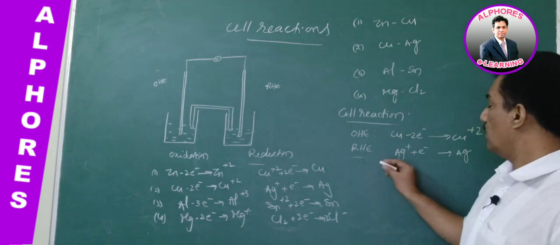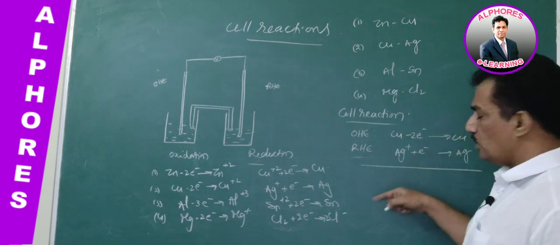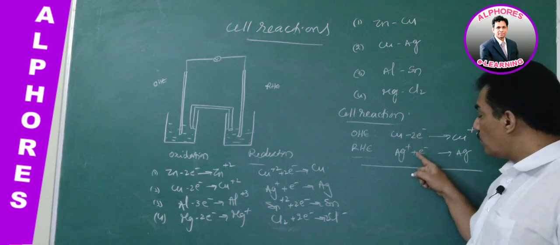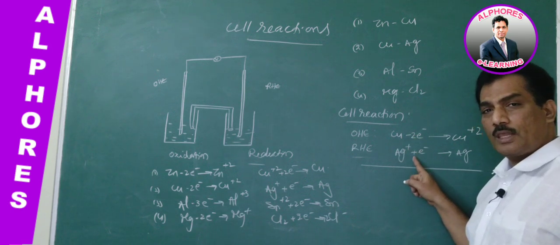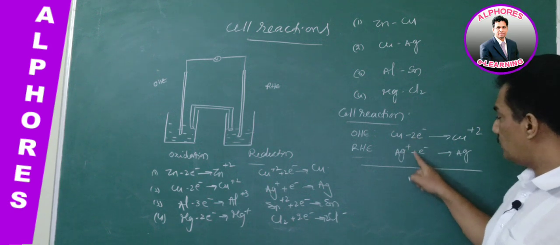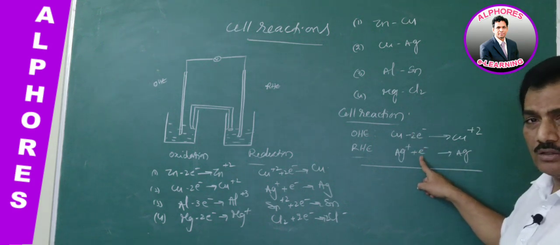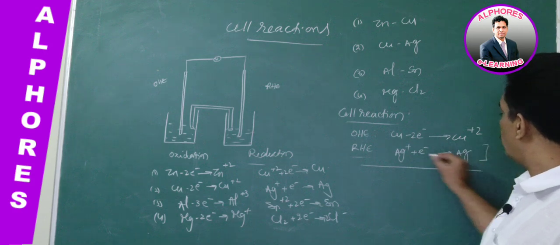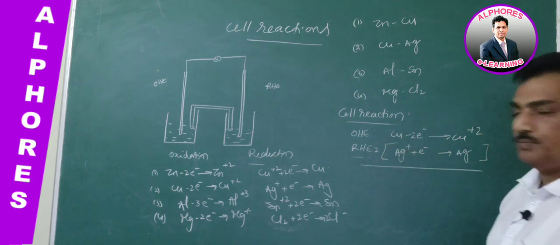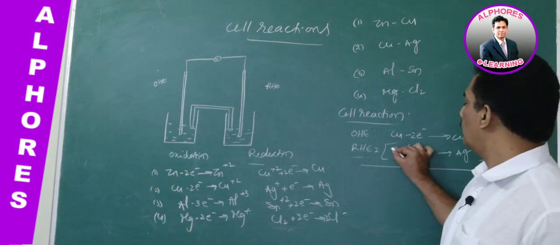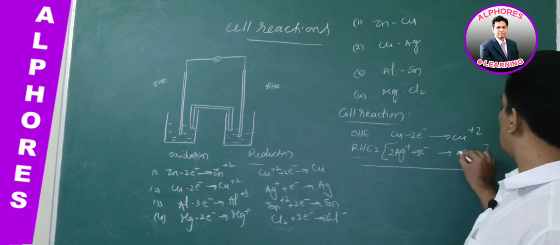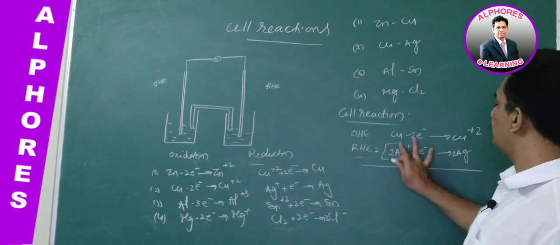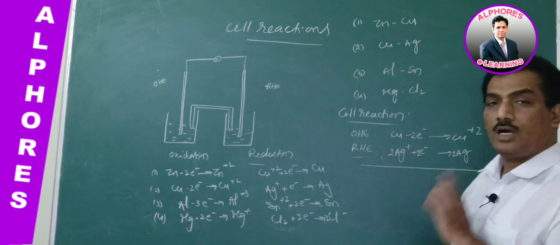And here you observe, when we try to add these two equations, the number of electrons is not the same. So first of all, we have to equalize these electrons. Here 2 electrons, here only 1, so the total equation is multiplied with 2. That's why we are getting 2Ag plus plus 2 electrons, 2Ag. Are you clear with this one?